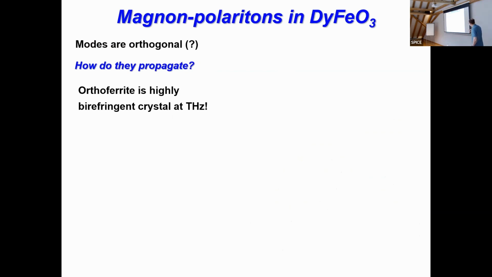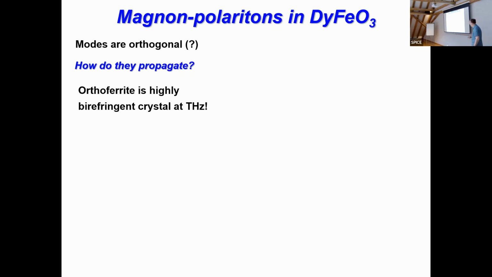And these crystals are highly birefringent for light at terahertz frequencies. I think the difference between the velocity of extraordinary and ordinary waves is even bigger than in quartz for optical waves.